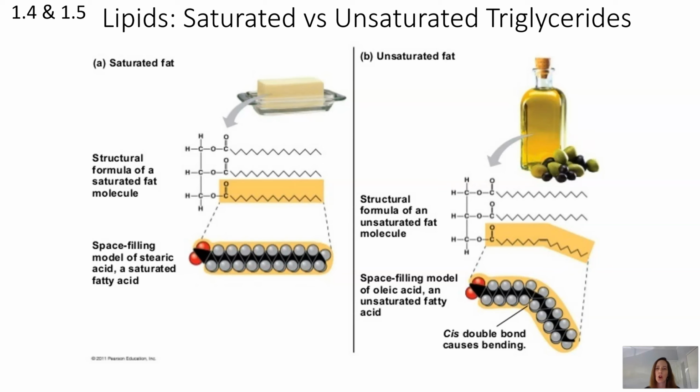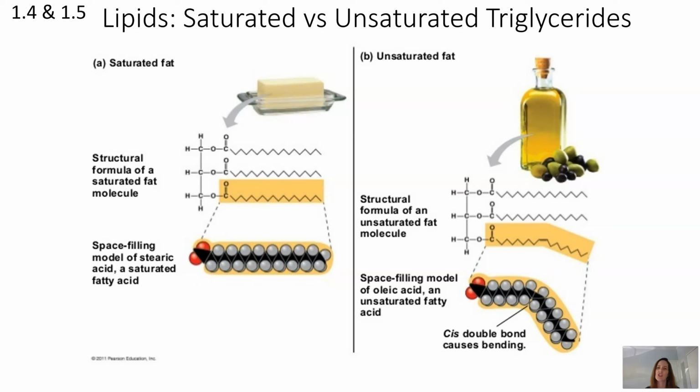So each of those carbons, if you look at sort of the carbons in the center of that fatty acid chain, each carbon is bonded to 2 other carbons and then 2 hydrogens. In the case of the unsaturated fat, at least 2 of those carbons are double bonded, which means that they're using an extra one of their connection points to bond to one of their neighboring carbon molecules, and that means that they don't have a connection point to bond with the hydrogen.